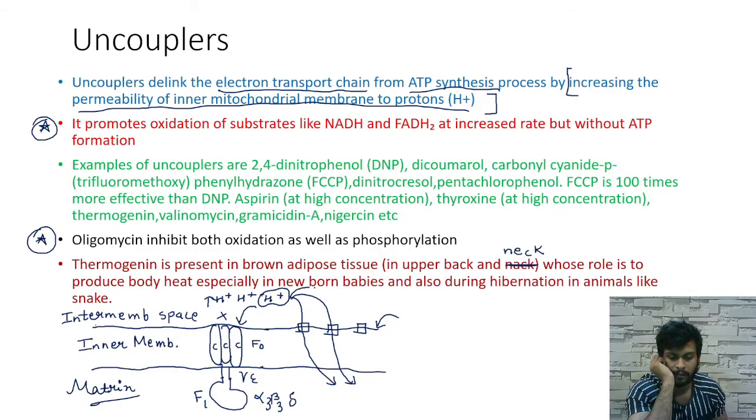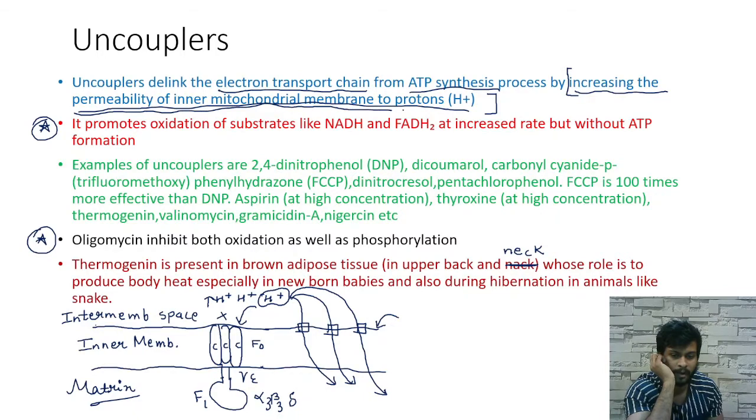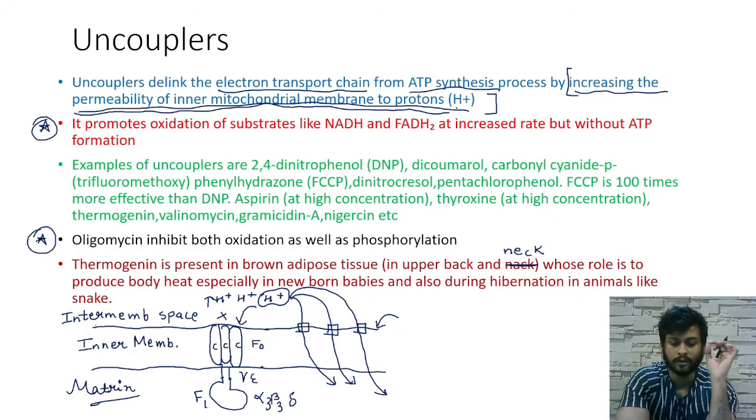Why? Because uncouplers have increased the permeability of the inner mitochondrial membrane to protons. The protons will now pass through the inner mitochondrial membrane rather than through ATP synthase.